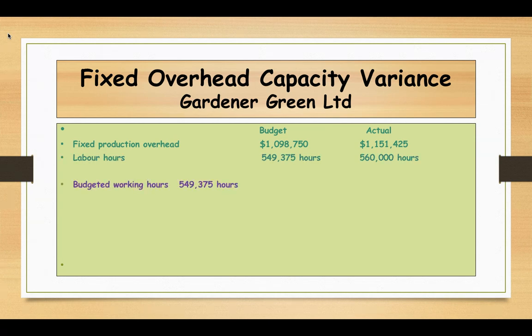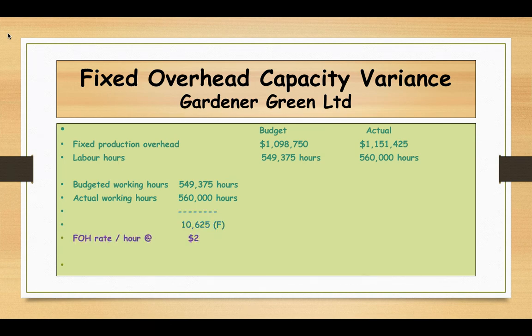So for the capacity variance, we have to compare the budgeted working hours with the actual working hours. So here the budgeted working hours is 549,375 hours. The actual working hours is 560,000 hours. So we have utilized more time. So the 10,625 hours is favorable.